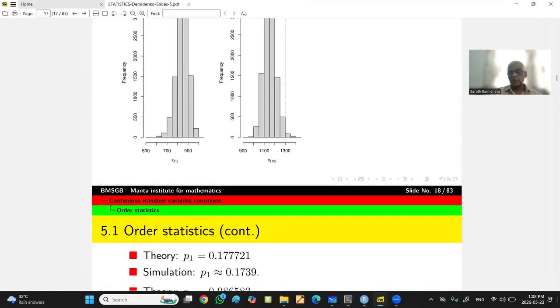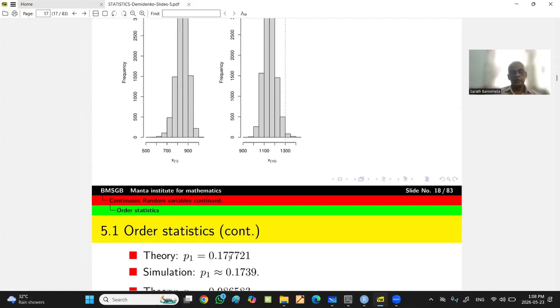So you can see that the theoretical value is 0.1177. The simulation value that I got in this particular simulation was 0.1739. If I do another simulation again, starting from scratch, 10,000 times, I will get something like 0.1741 or something. It doesn't have to be the same value, but it will again be very close to this 0.17 value.